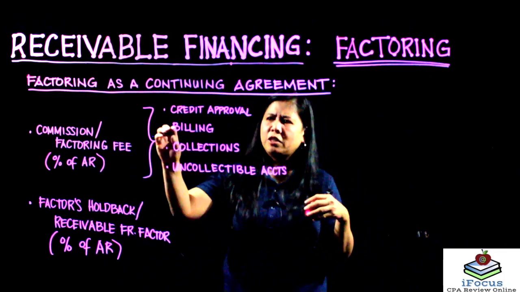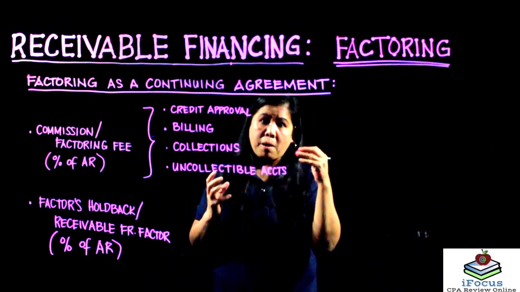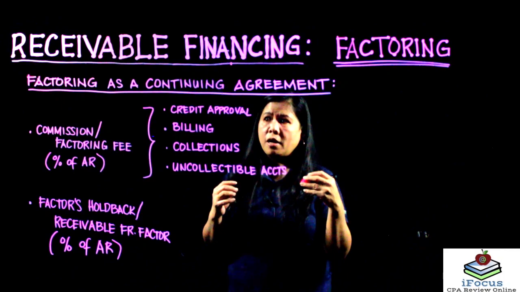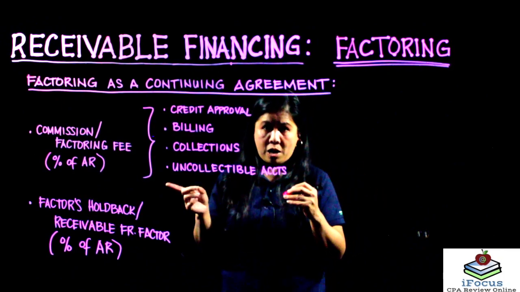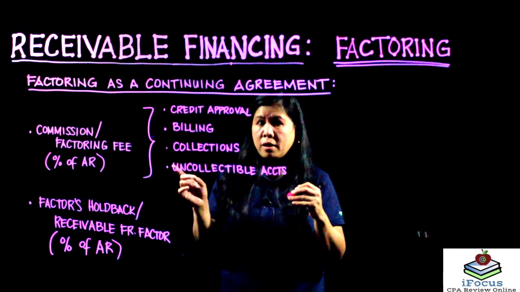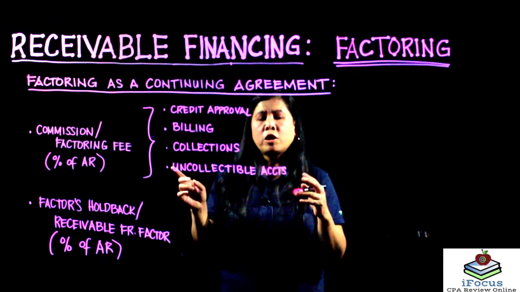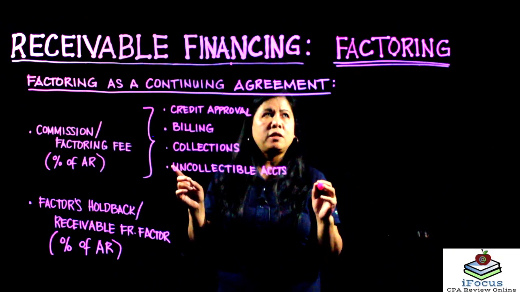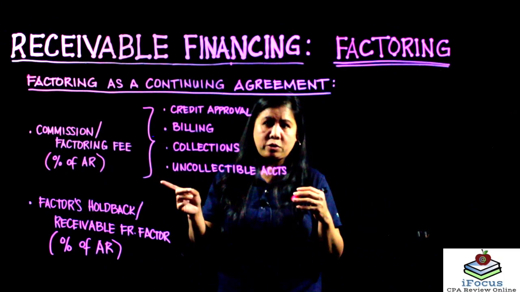Bakit? Kasi sa credit approval, responsibility ni factor ng bangko. So, ang ibig sabihin, si company hindi siya makakapagbenta ng walang approval si factor. Alright? So, hindi niya mapagbebentahan itong isang customer kung hindi ito inapproval ng factor.